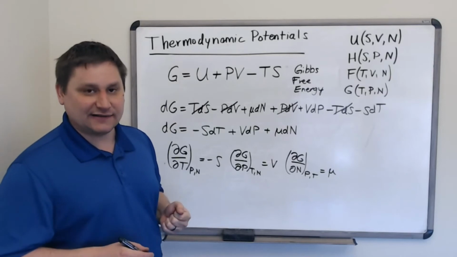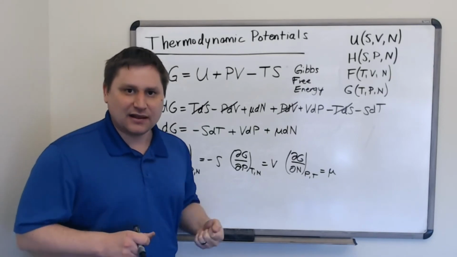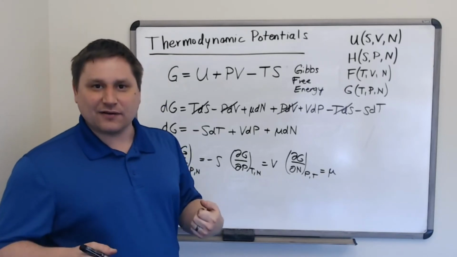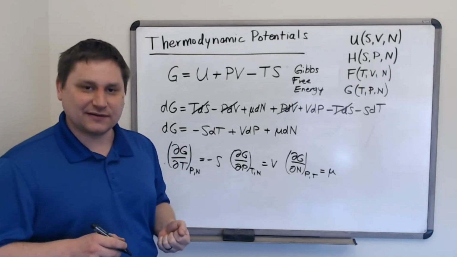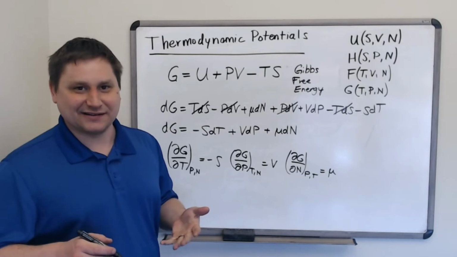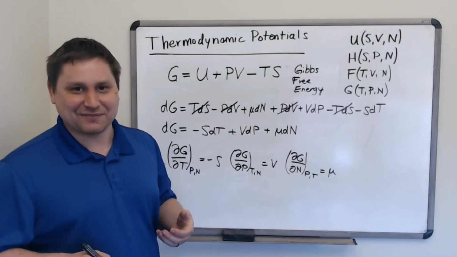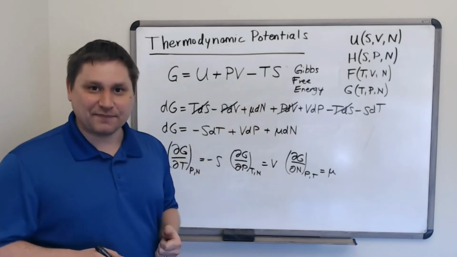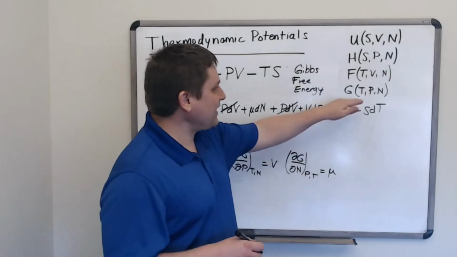The only extensive variable is the number of particles, capital N. So the Gibbs free energy is favored by people who work at constant pressure and constant temperature situations. Most of us live at constant temperature and constant pressure, and most chemistry happens at constant pressure and constant temperature. So we'll find in the future that the Gibbs free energy is a very convenient one to use for situations of chemical reactions.